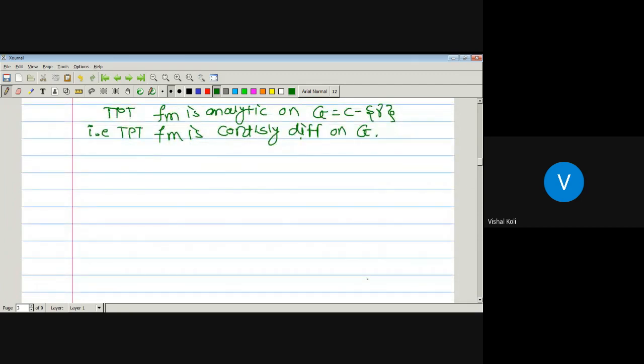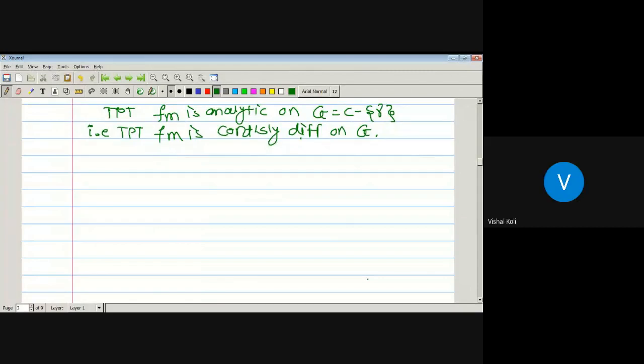Any function is said to be continuously differentiable whenever, suppose there is a function f, if it is differentiable at each point in the domain. If it is differentiable, then it must be continuous, right? Yes, sir.